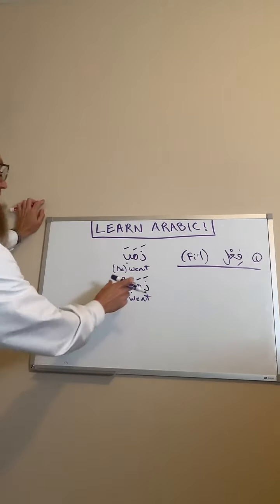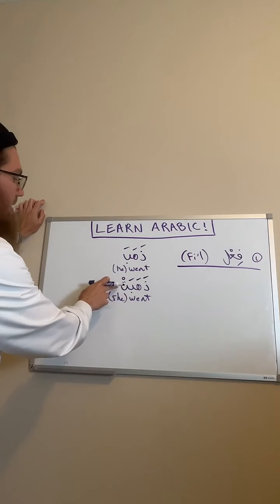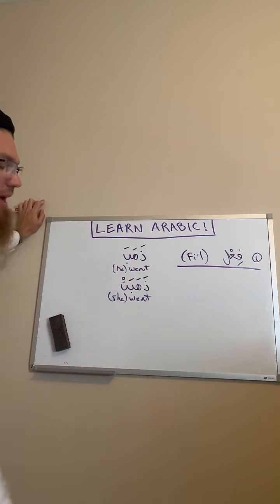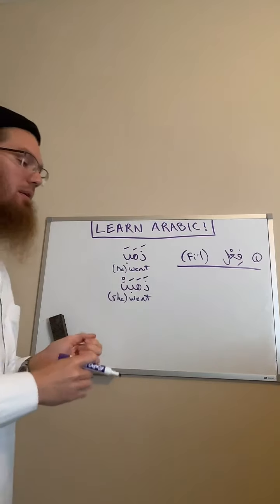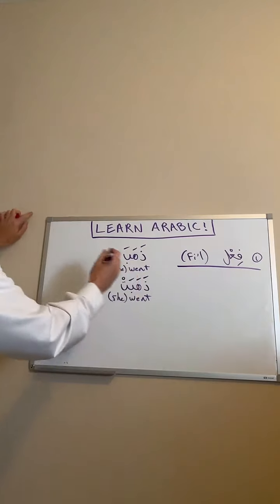All we did to make it feminine is add a ta with a sukoon at the end. So next we want to keep building our vocabulary. Let me add another word.